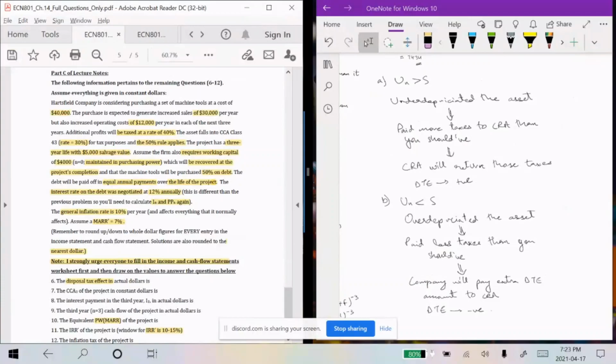It's basically the same thing. The DTE is basically how much the CRA will return in taxes to the company, or how much extra the company will pay the CRA.